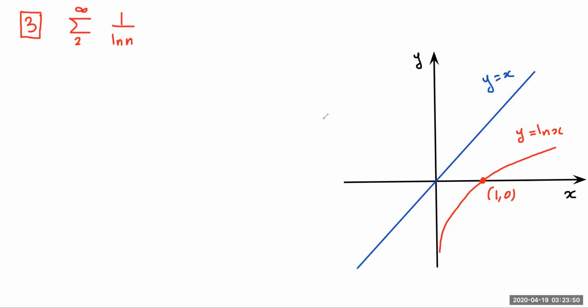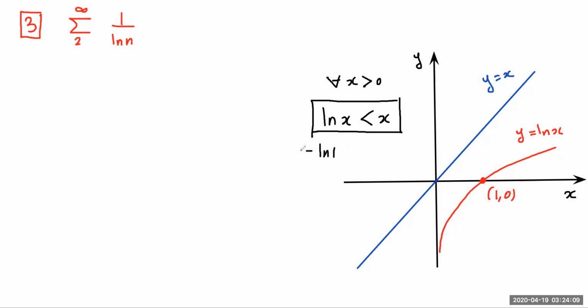So ln x is less than x for each positive number x. For example, what is ln 1? It's 0, less than 1. What is ln 2? It's less than 2. What is ln e? It's 1, less than e, nearly 2.7.